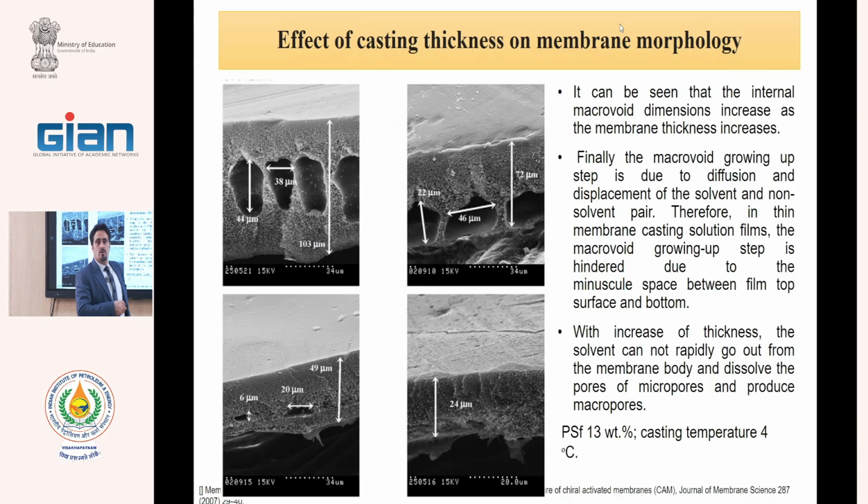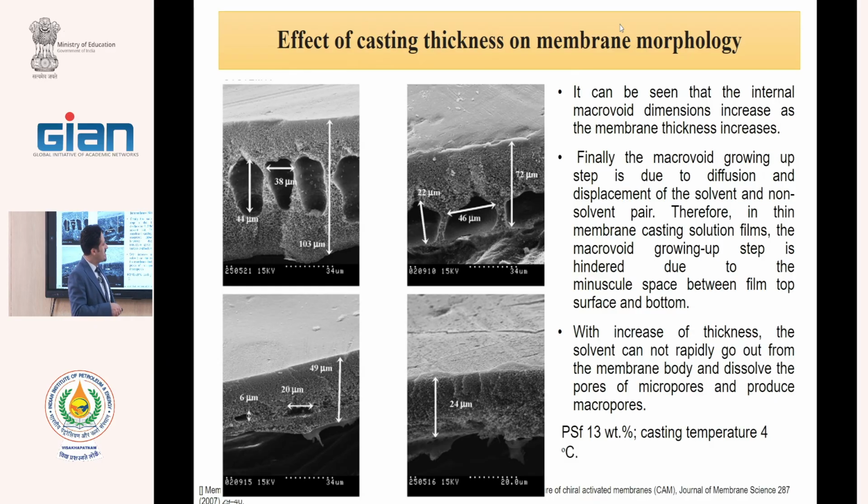The thickness can also influence the membrane. Generally, we know that a higher thickness can reduce the flux, because the mass transfer is related to the thickness. But the morphology of the membrane can also be influenced by thickness.